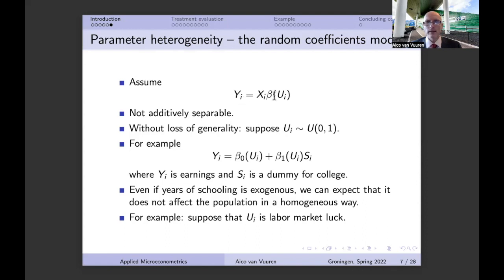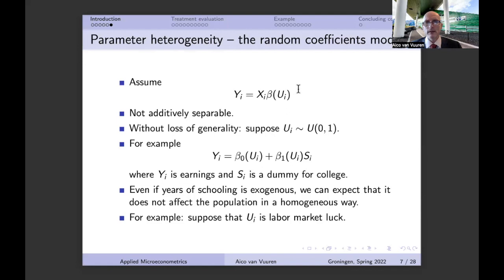The reason behind that is that at the moment that I have a model like this, and I already know what the beta function is over here, and I also know what the distribution function of ui is, then I could actually change the beta function over here, as well as the distribution function of this ui, to another beta function and another distribution function, and still have exactly the same model.